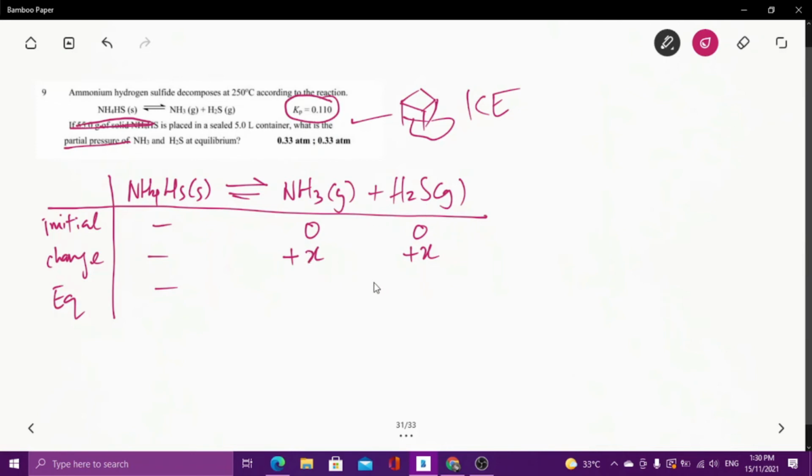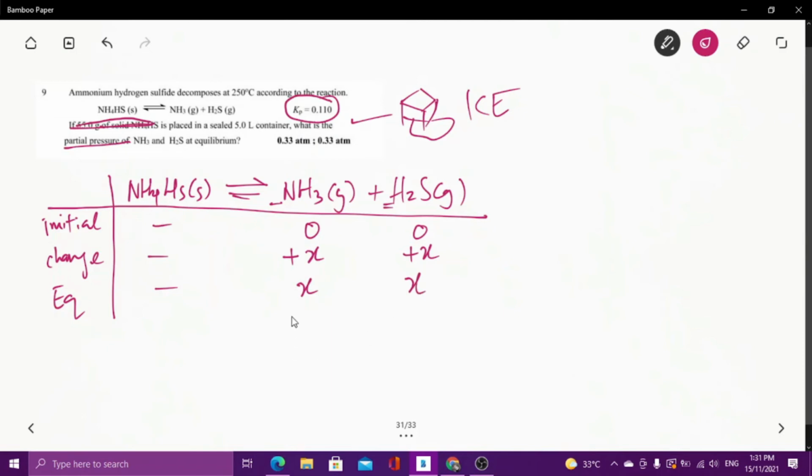Plus X lah kita buat. Okay, because we don't know the change how much, but we know it is increasing at the rate of 1. Macam ni. So kita tengok number of mole dia tu, ratio dia tu 1. So at equilibrium, the partial pressure of NH3 akan jadi X, H2S pun akan jadi X juga.